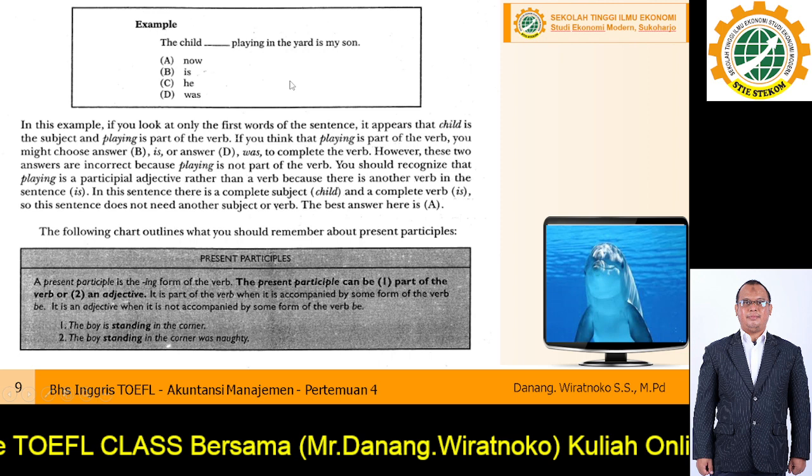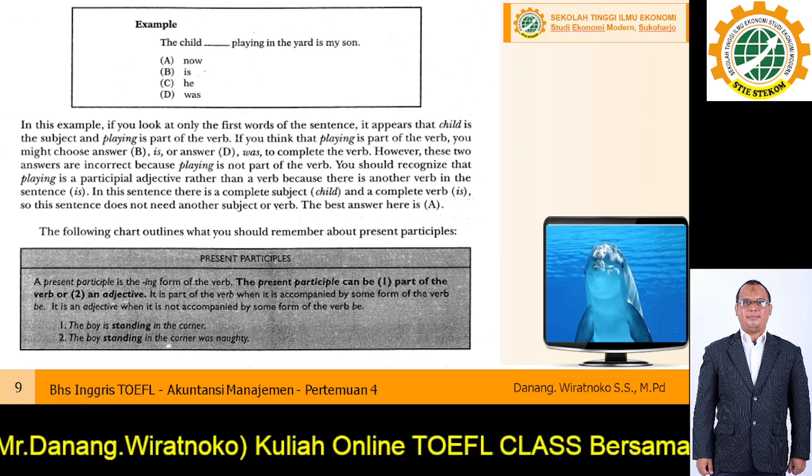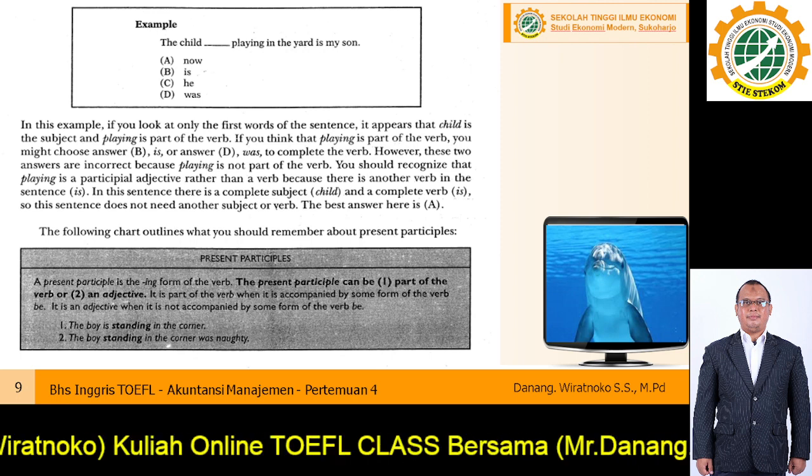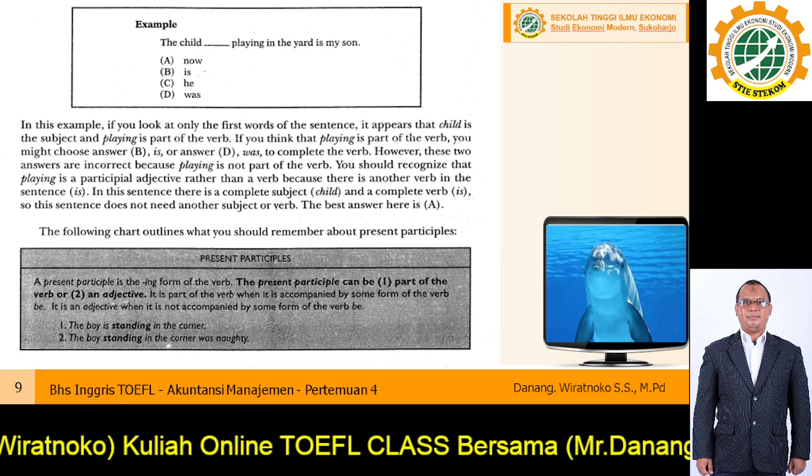Okay, jadi hati-hati ya teman-teman. Di sini in the sentence sudah ada is, maka di sini playing ini nggak boleh pakai is lagi ya. Okay, and then we have in this sentence a complete subject, child, and a complete verb, is.